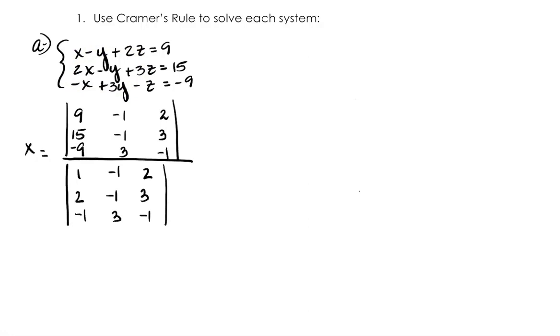Now we solve for x. We are going to multiply 9 times the determinant of these four values.